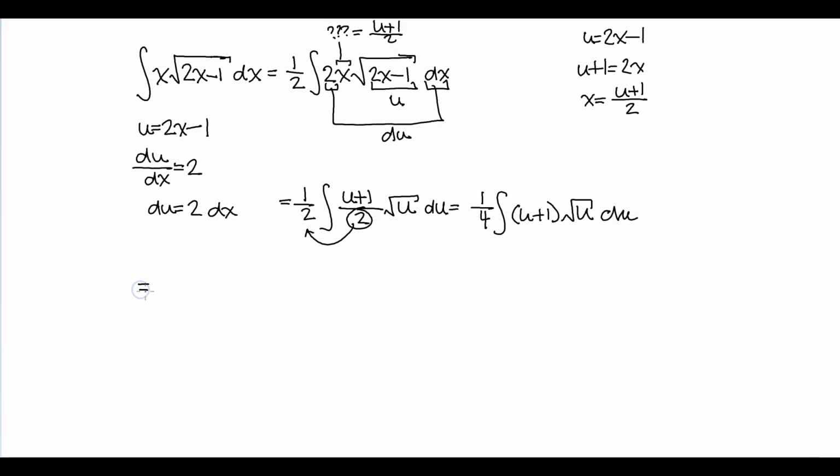Now let's distribute the square root of u so we can easily apply our inverse power rule. Okay, this is u to the 3/2 power plus u to the 1/2 power du.